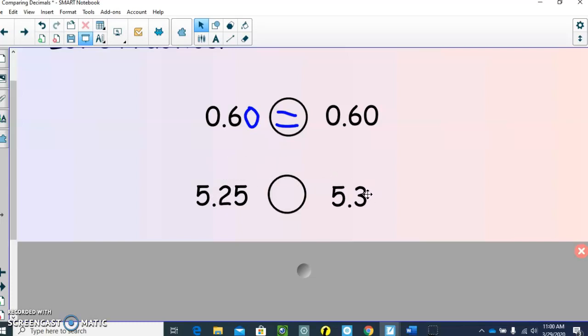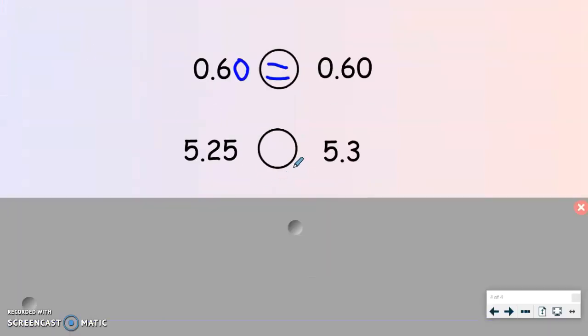So I'm going to put this back over here. And now it's a lot easier to see that, hey, that's the greater decimal, because my tenths place is different and this is bigger. And again, if you put a 0 at the end, really easy to see. 30 is greater than 25.